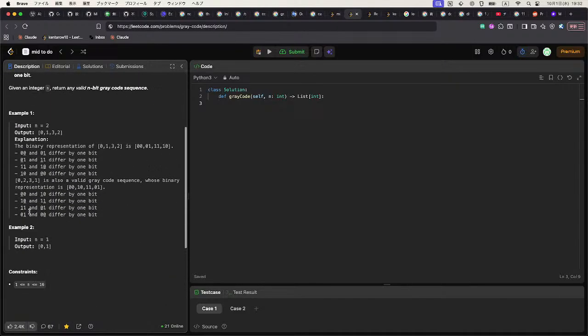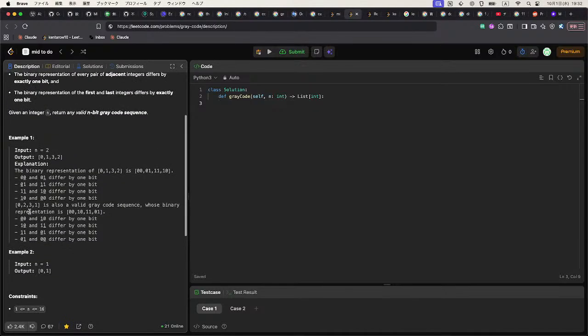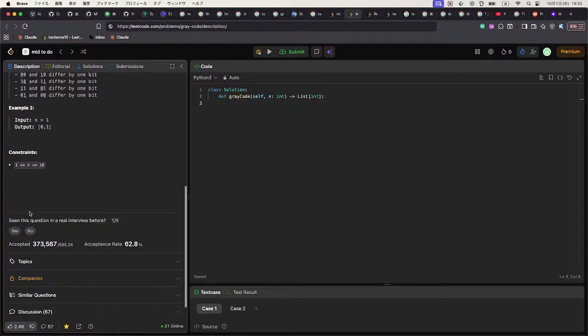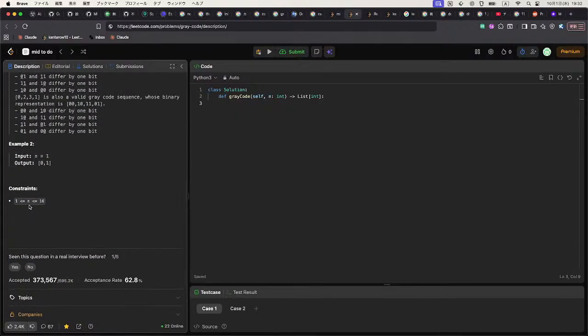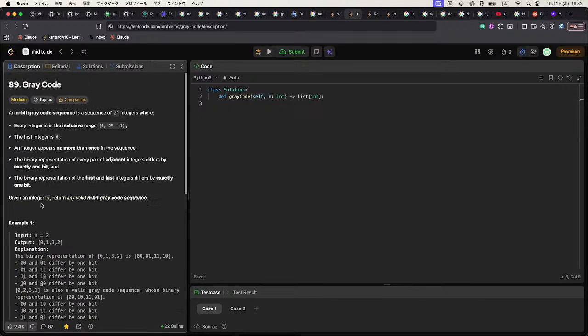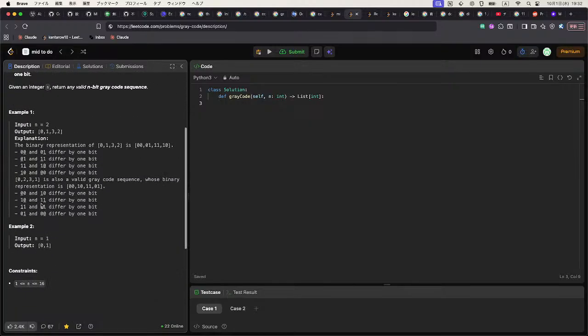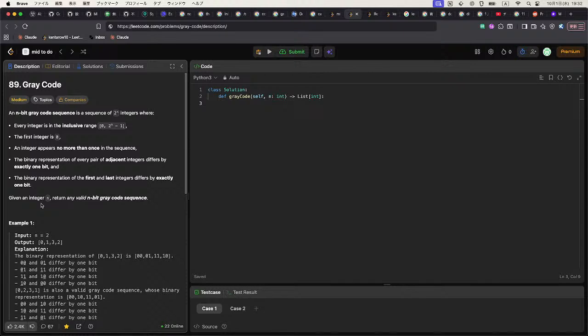Okay. And n is from 1 to 16. Okay. Exactly 1 bit.